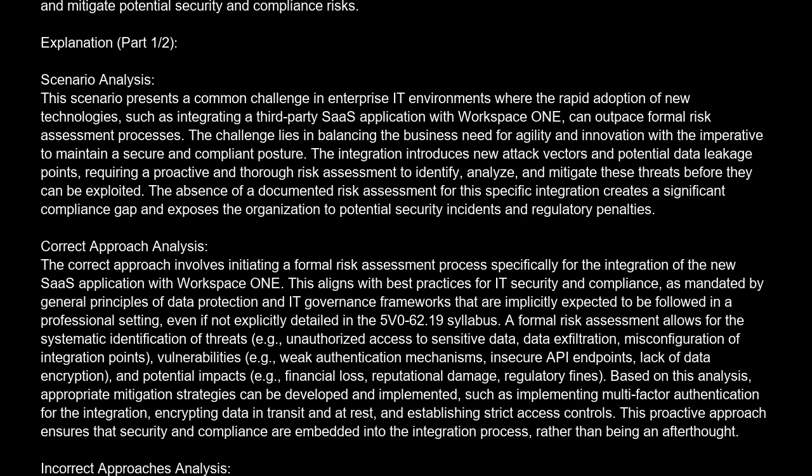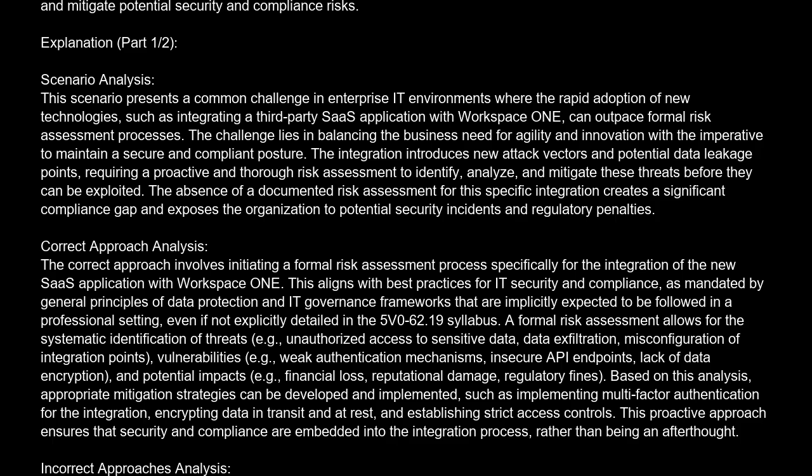A formal risk assessment allows for the systematic identification of threats, e.g., unauthorized access to sensitive data, data exfiltration, misconfiguration of integration points, vulnerabilities, e.g., weak authentication mechanisms, insecure API endpoints, lack of data encryption, and potential impacts, e.g., financial loss, reputational damage, regulatory fines.